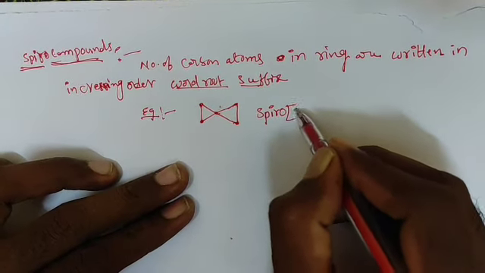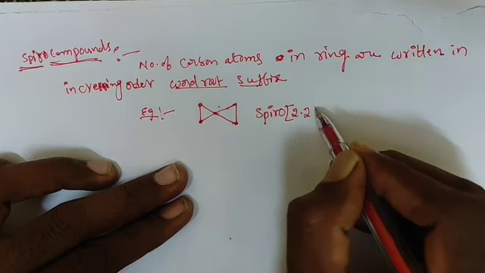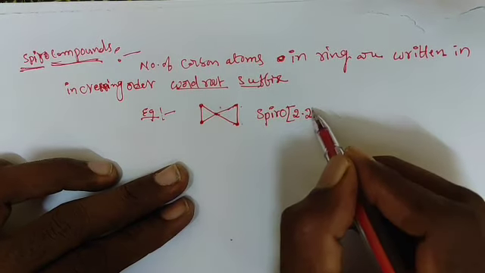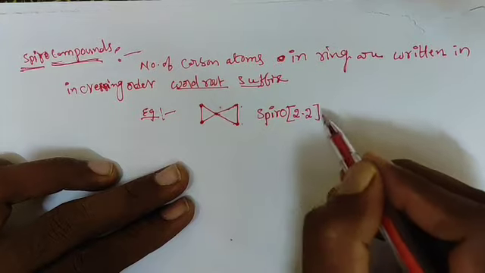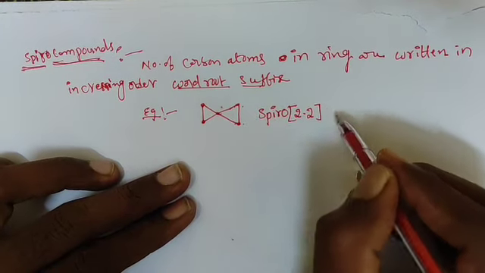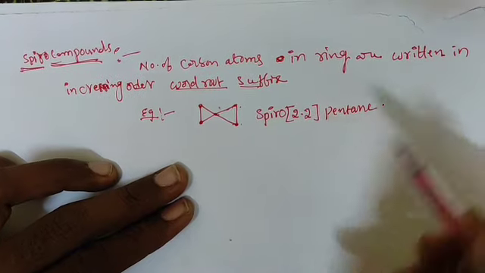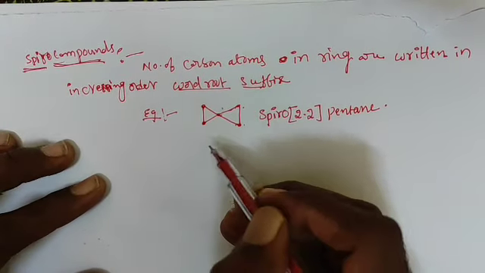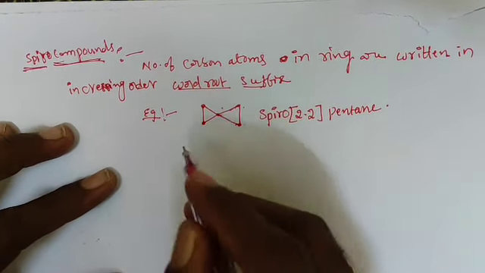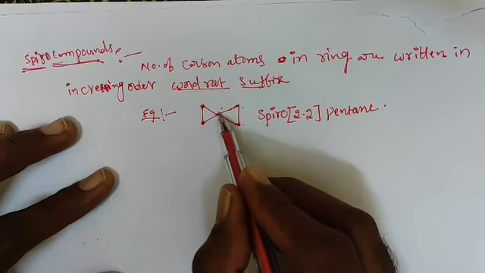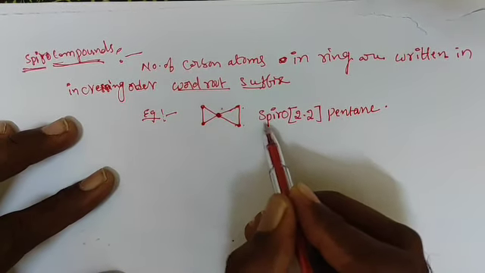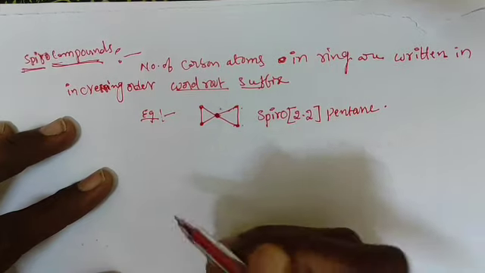Bracket open, 2.2, because this side 2, this side also 2 carbons is there. Total carbons is 5. Pentane. This is Spiro compound. Same like bicyclo, but here also carbon is there. We will call Spiro. That is the only difference.